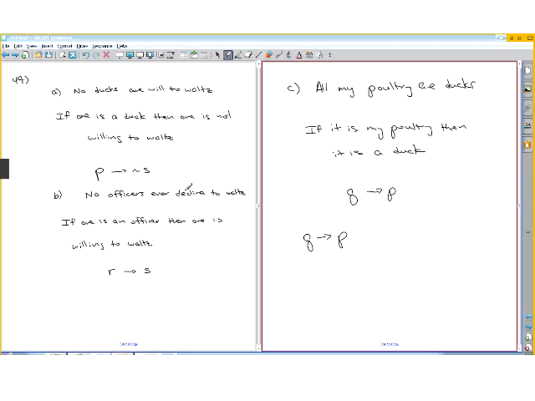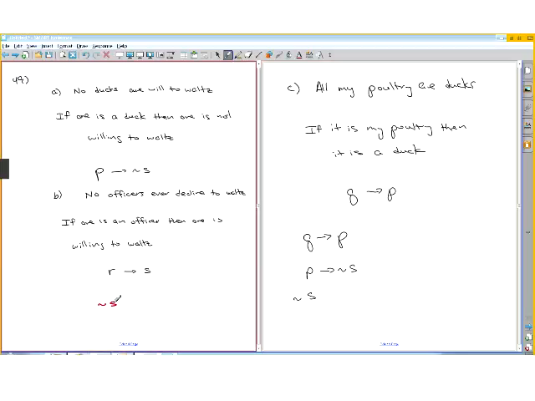So if we have if Q, then P. And then we can go here, we have if P, then not S. To match this up, we have to have a not S part here. So how do we do that? Well, the contrapositive is equivalent.